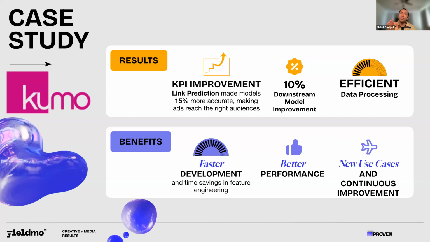You could make it customized for a very specific use case and improve it even beyond the pure embeddings that you got out of the graph. On those, we usually see a range of improvements, but on average about 10%. And the time that we save on not doing feature engineering goes to making improvements in downstream models that are very specialized for specific purposes, basically.